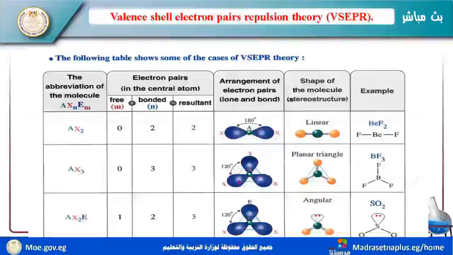Now we have another example, SO2, sulfur dioxide. This was boron trifluoride and beryllium difluoride, and this is the explanation of sulfur dioxide. Sulfur dioxide is formed from this structure.